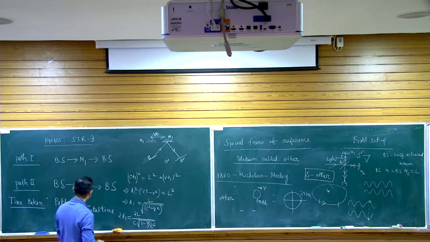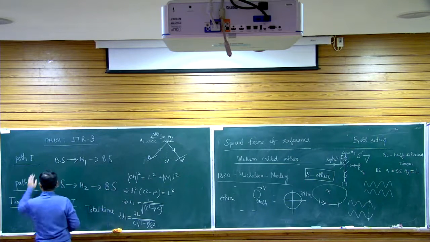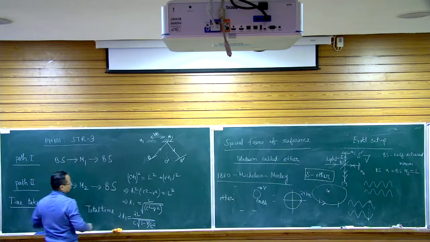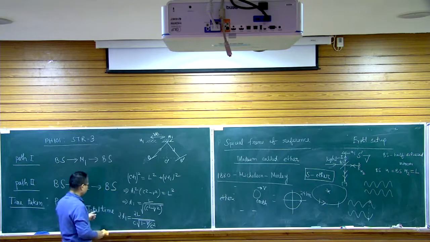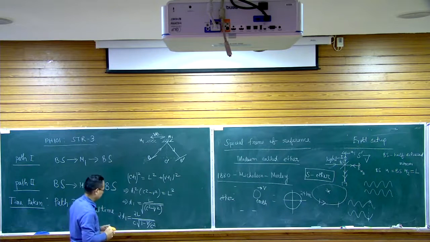So this is the total time taken along path 1 as per the observer in the frame S. This is the frame at rest.